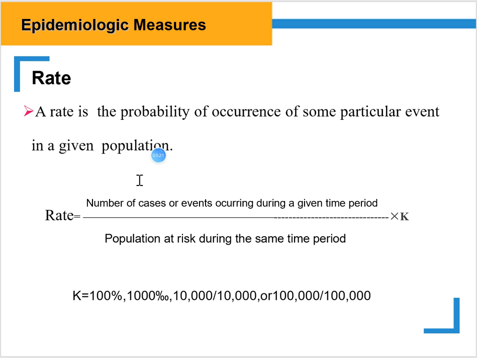K-value may be percent, 1,000 per 1,000, 10,000 per 10,000, and 100,000 per 100,000, etc. Pay attention to the denominator contains the numerator, and the numerator comes from denominator.